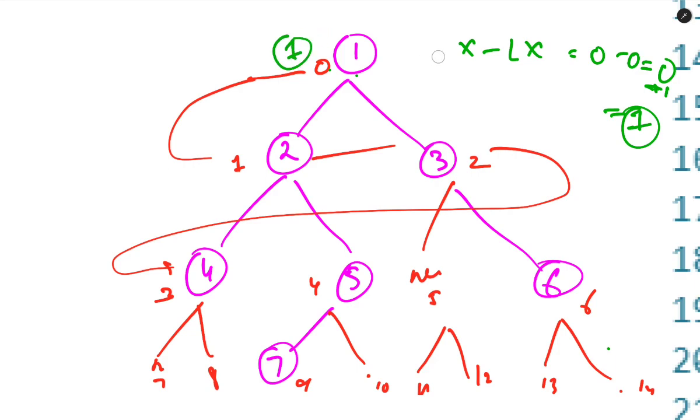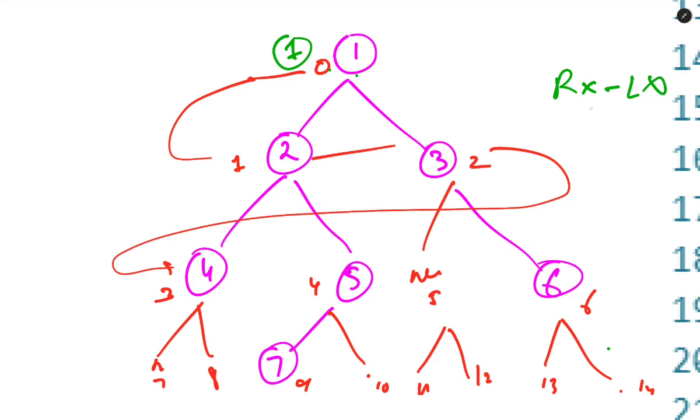according to this logic. Now I will use the same thing, rx minus lx, where rx is the rightmost node in that level and lx is the leftmost node in that level. Let me use that same logic again.